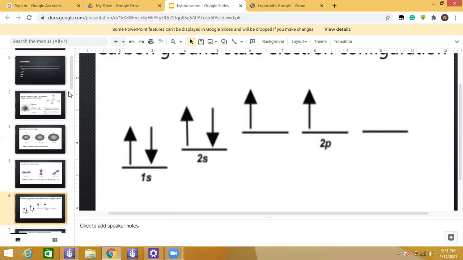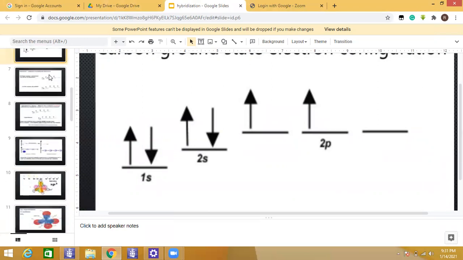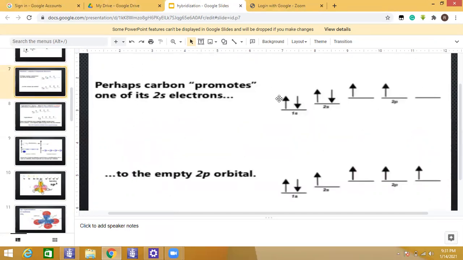What happens is that an electron from the 2s is promoted to the empty 2pz orbital. Because n equals 2 is the same level, the electron jumps from the s to the pz orbital. So the configuration becomes 1s2, 2s1, 2px1, 2py1, 2pz1.